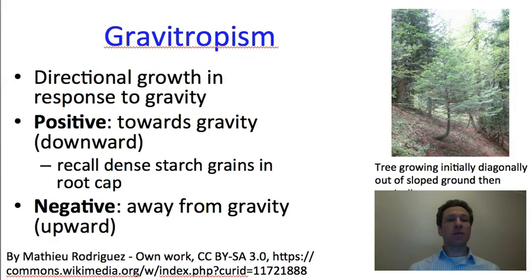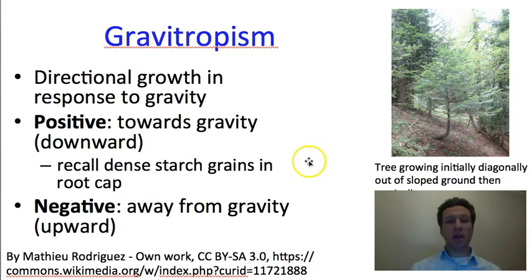The next tropism that we'll talk about is gravitropism. So gravitropism is a directional growth in response to gravity. And remember that gravity comes from below. So this might be counterintuitive, but positive gravitropism is downwards towards the earth, and negative is upwards or towards the sky.